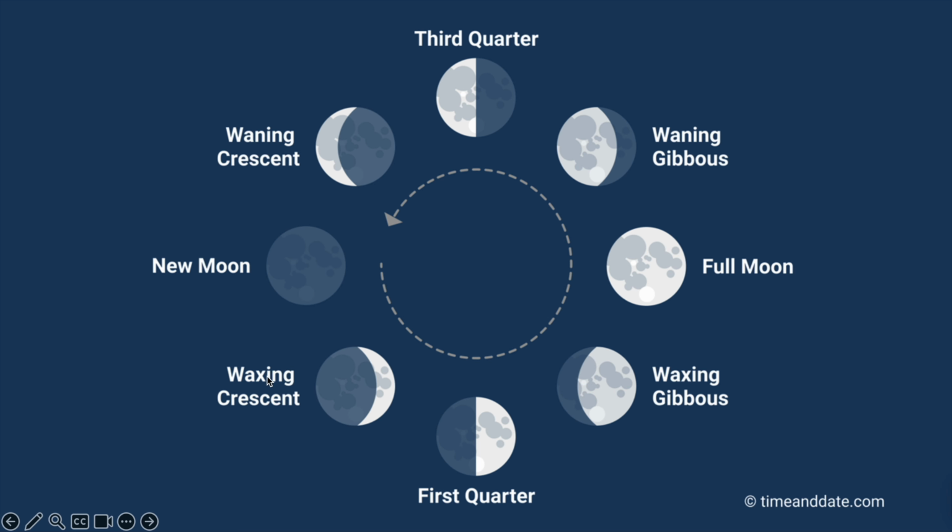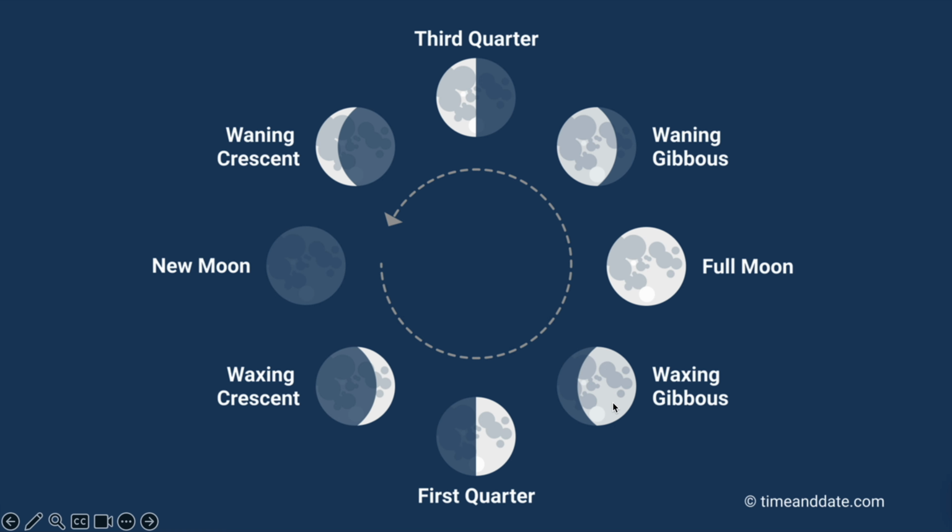If you remember waxing means growing, then you can remember what waning means: getting smaller or decreasing. So just remember one of these. Waxing is growing, waning is decreasing. Remember one, and by logic, you can deduce the other one. So waxing means growing. So waxing crescent, then this is your first quarter. This is your waxing gibbous.